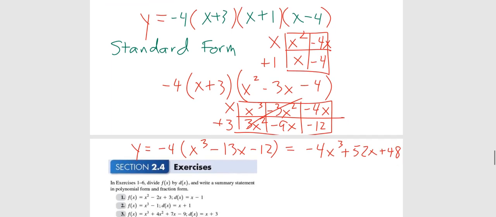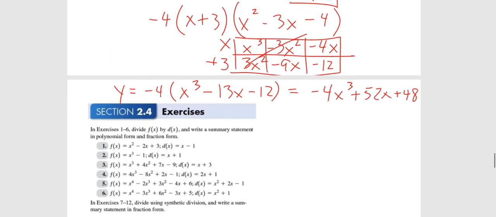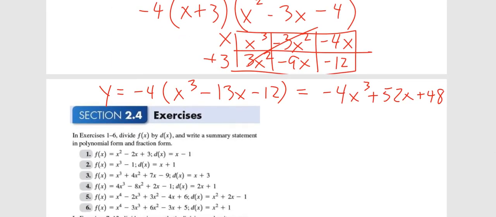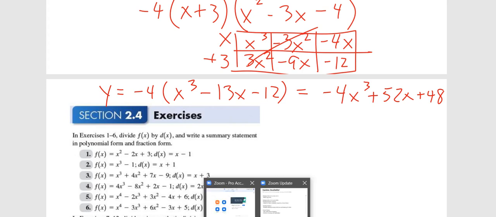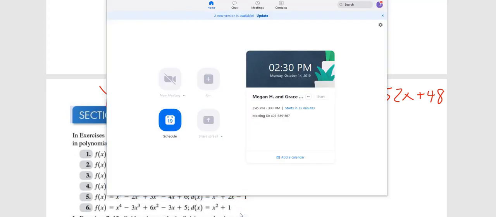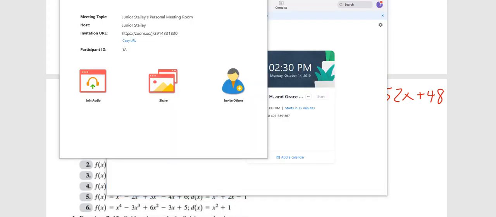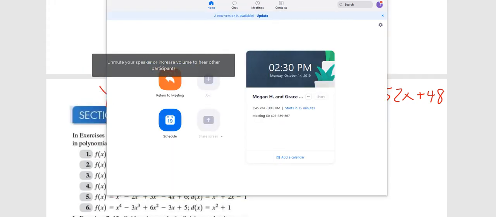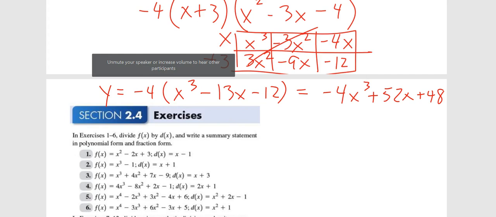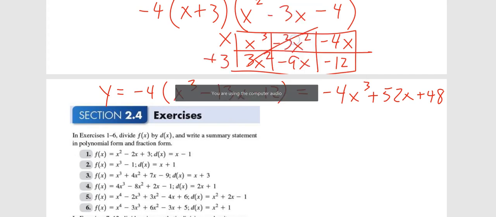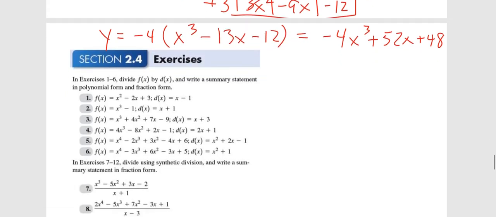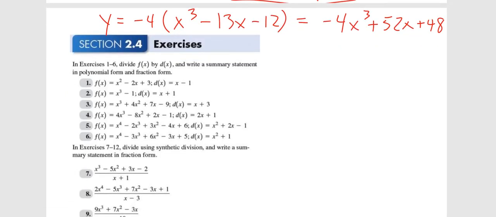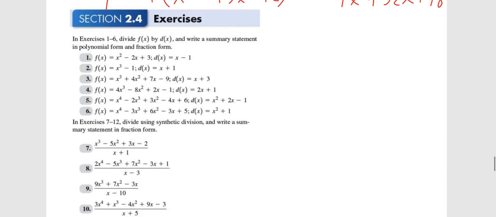Any homework questions we need to look at that you were working on this weekend and just wanted to go over because it wasn't making sense? Any of these?